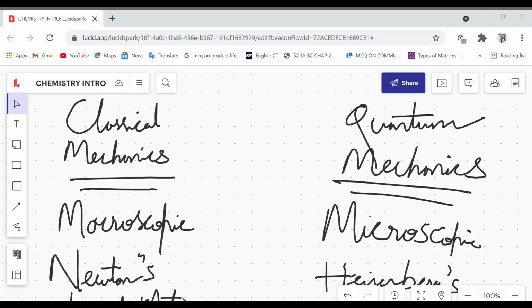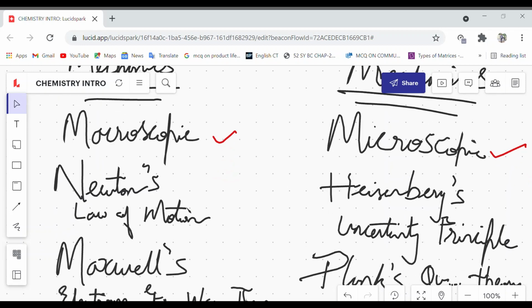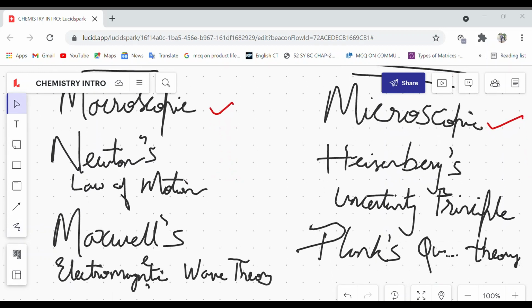So classical mechanics is macroscopic, quantum mechanics is microscopic, classical mechanics is based upon Newton.